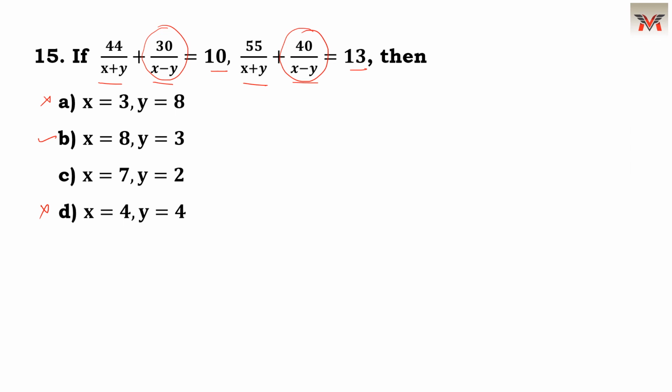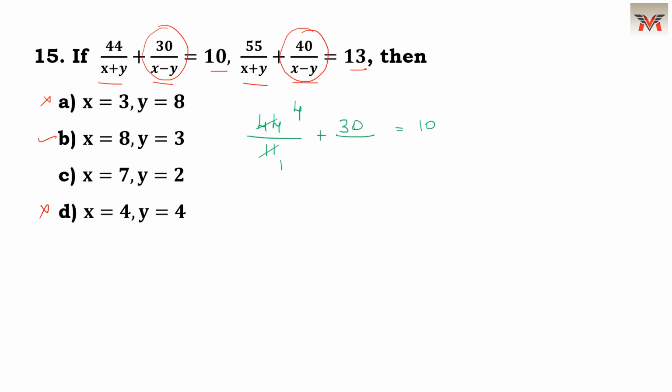When I substitute that, I'm getting 44 divided by 8 plus 3. 8 plus 3 is 11, plus 30 divided by x minus y, that is 8 minus 3, which is equal to 10. Just look at this one. 11 fours are 44, as well as 8 minus 3 is 5.